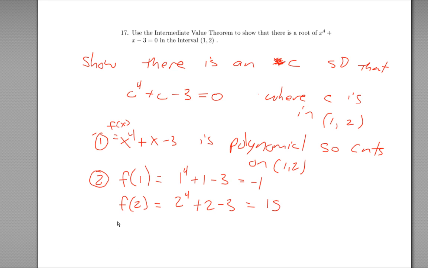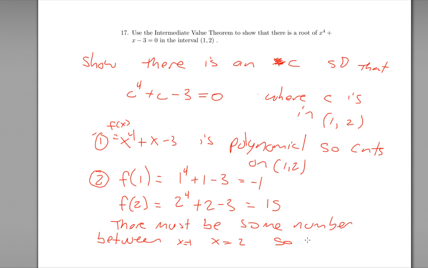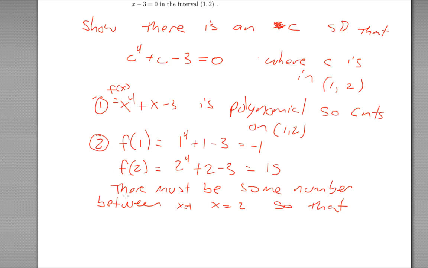Therefore, there must be some number between x equals 1 and x equals 2 so that the function f at c is equal to 0.